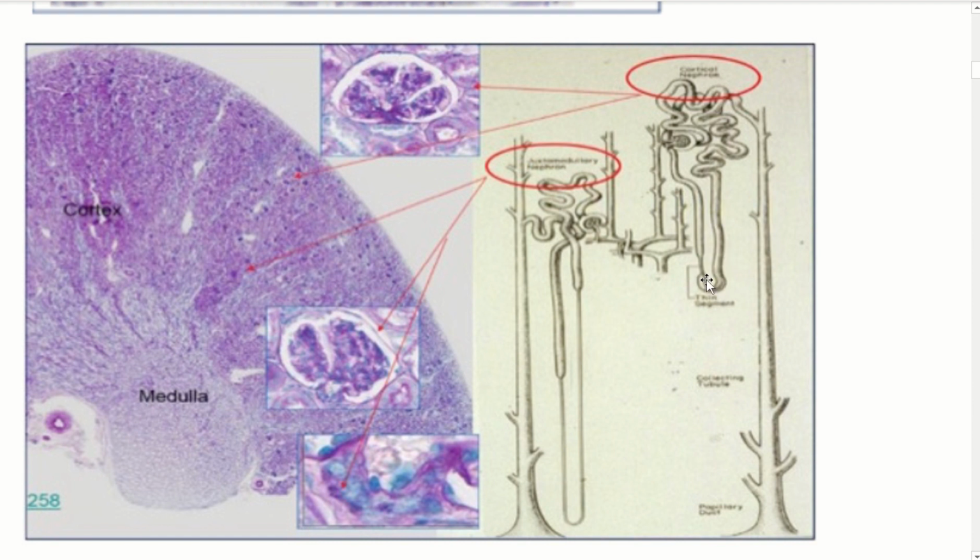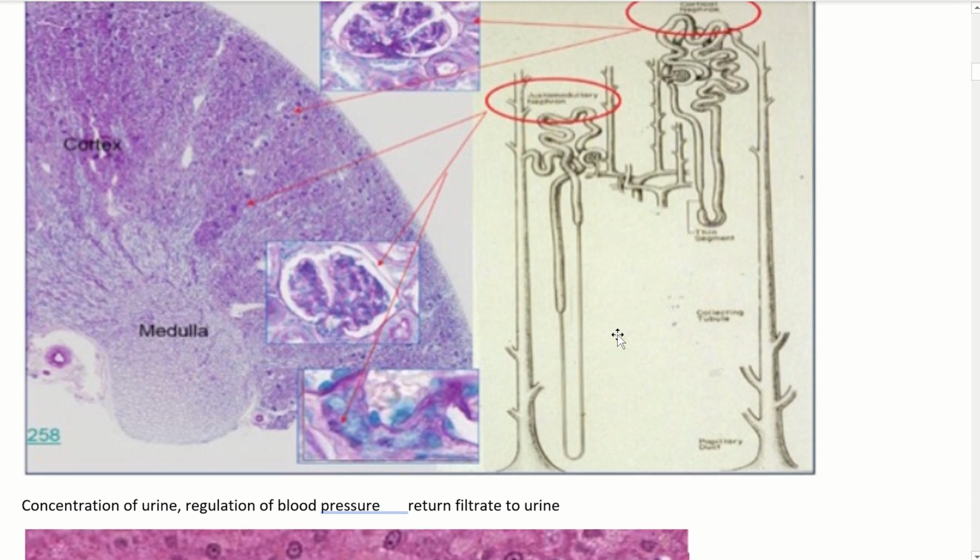Okay, and so remember we said the reason for the loop of Henle dipping down into the medulla, so that's what it does in the juxtamedullary nephrons, is it dips down into the medulla, and we said the function of that was to create a concentration gradient in the medulla. Okay, and so obviously the cortical nephrons, since they're all in the cortex, do not dip down into the medulla, so they do not help to create that concentration gradient, but the juxtamedullary nephrons do.